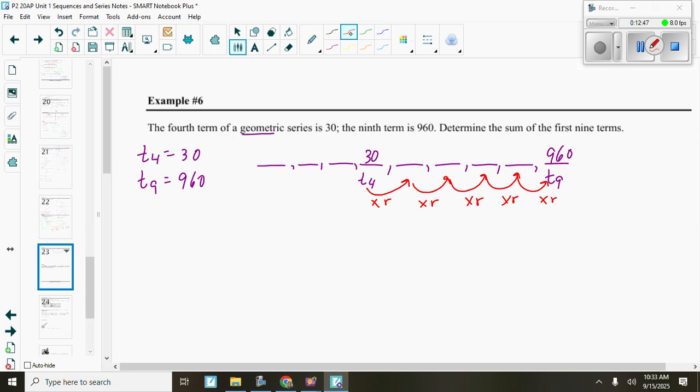So we could say that if I start with 30 and I multiply by R times R times R, 1, 2, 3, 4, 5, we can shorthand R times R times R times R times R to R to the power 5. We end up at 960.